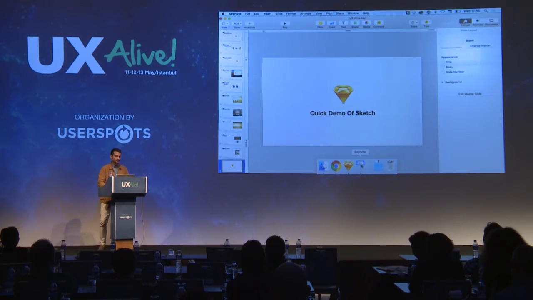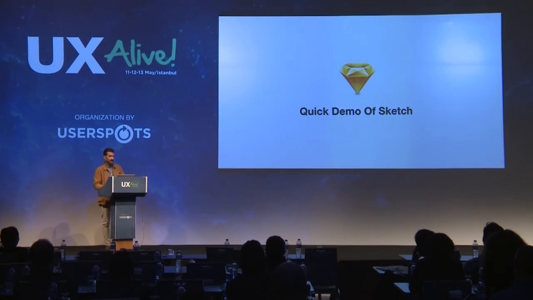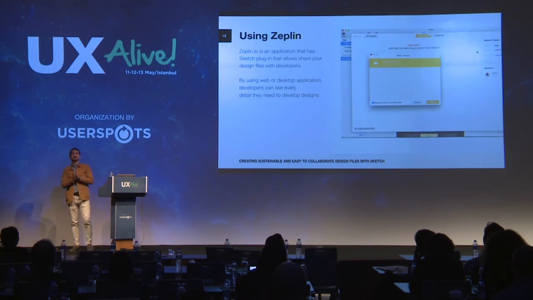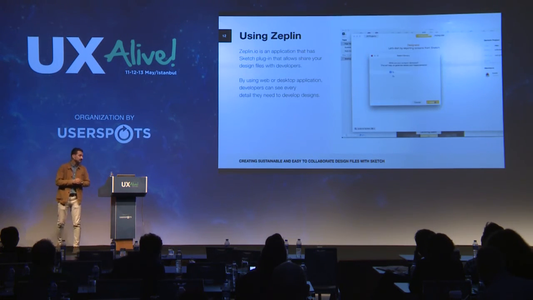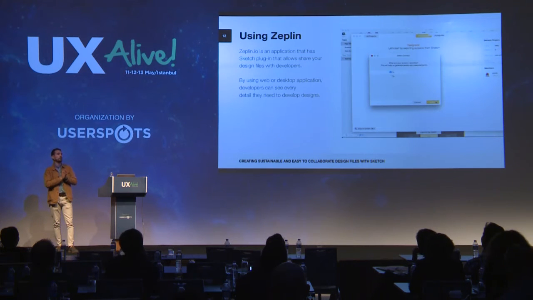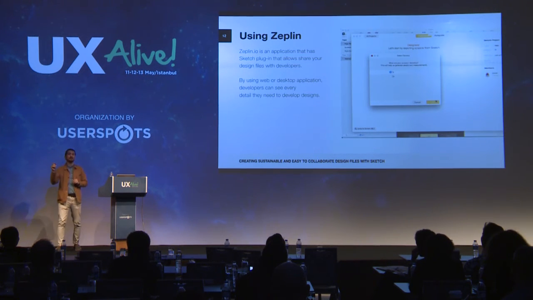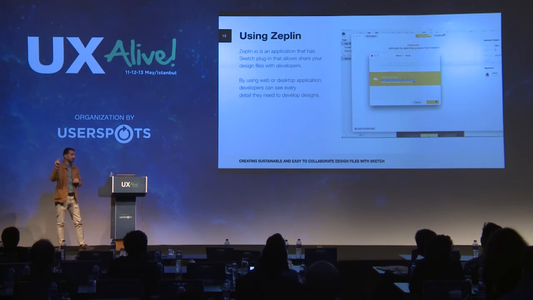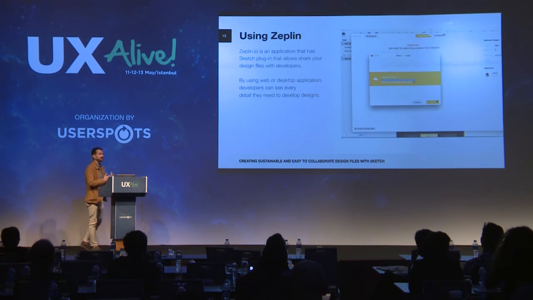So let's go back to our presentation. And that was the demo part, actually. I have a few more things left to say. One of them is Zeppelin. Zeppelin is an application that has a special plugin for Sketch. So when your design phase is completed and it's time to deliver your designs for the development phase, Zeppelin makes it really easy.